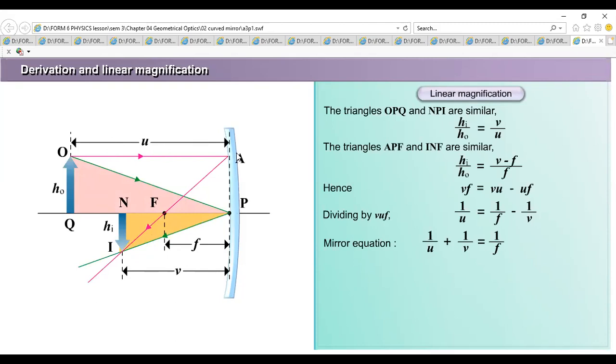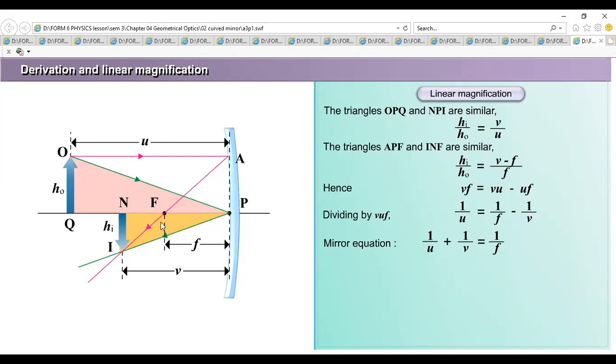Where the triangle OPQ and the triangle NPI, we just use the ratio.